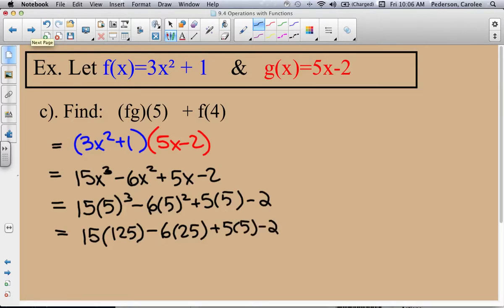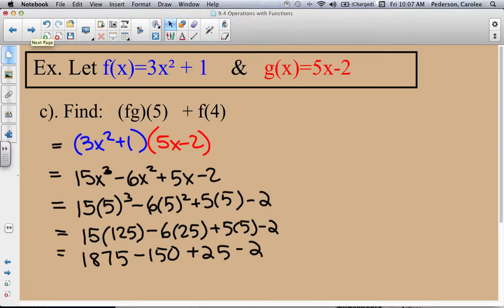And then we do our multiplication. 15 times 125 is 1875. 6 times 25 is 150. 5 times 5 is 25. And then subtract 2.